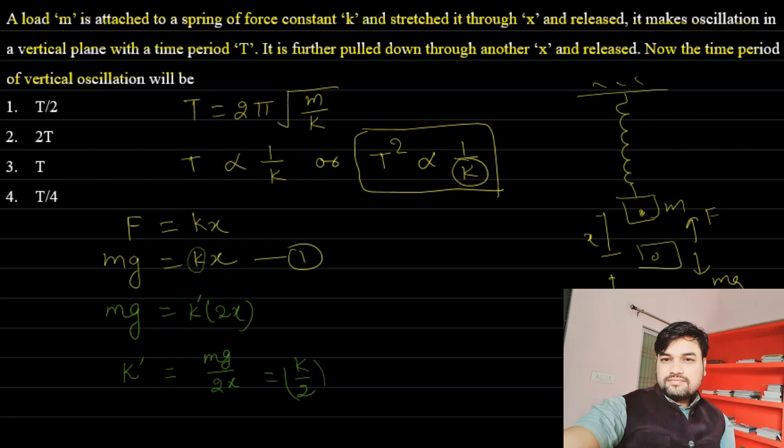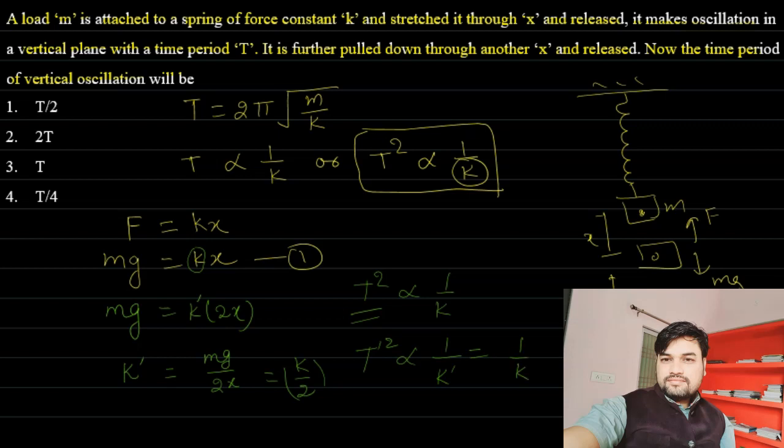Now see here, time period square is proportional to 1 by k. So for the second case, when a spring is further extended to a distance x, t dash square will be proportional to 1 by k dash, and k dash is k by 2.